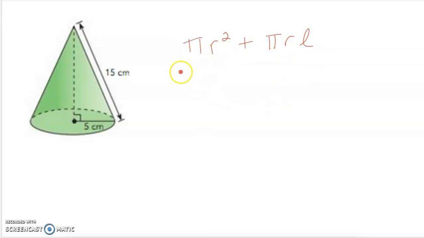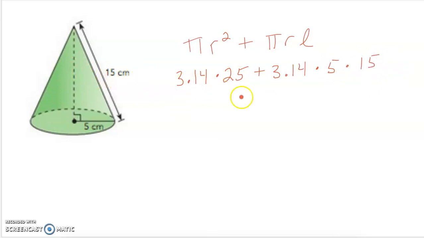So we fill in what we know. 3.14 times the radius squared. The radius is 5, squared is 25, plus pi is 3.14 times the radius, 5. And in this case, the slant height is 15.